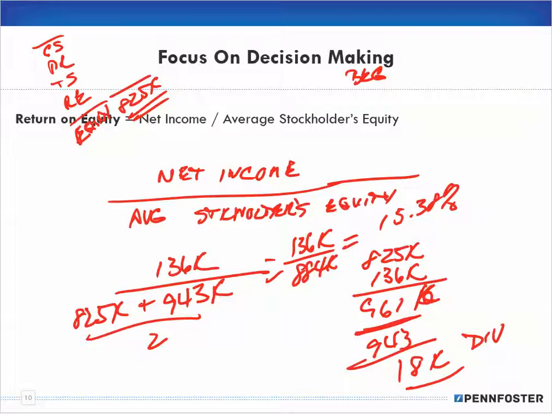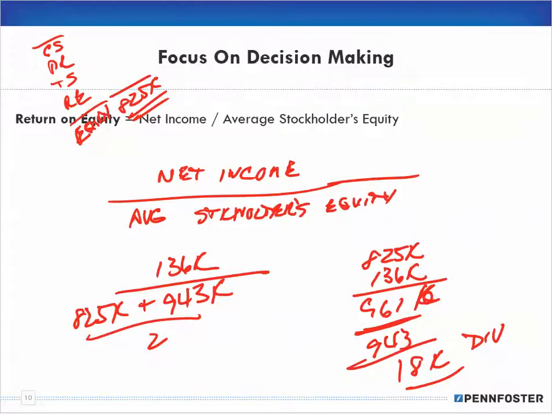Now, that's my beginning, 825,000. And I also know that I have my ending, which is common stock, preferred stock, treasury stock, retained earnings, and that all gives me an ending of 943,000. So that's my end.